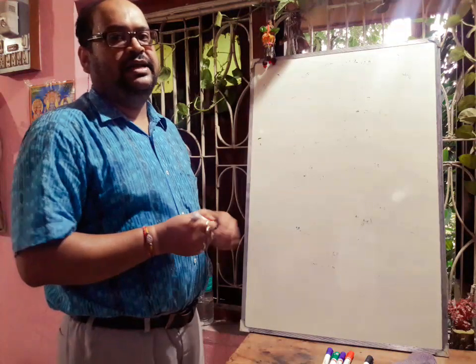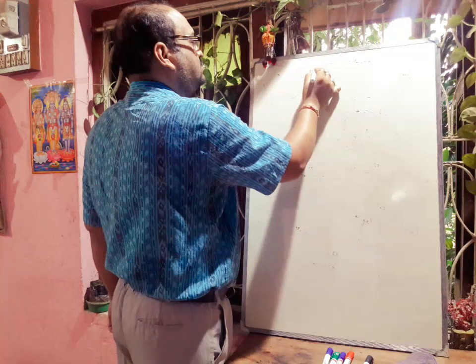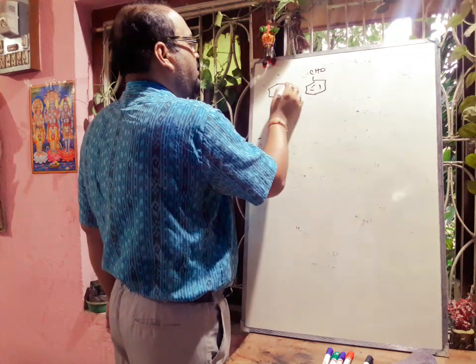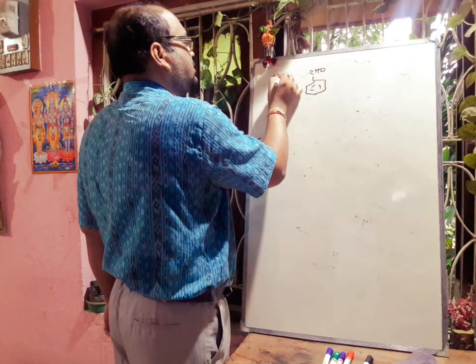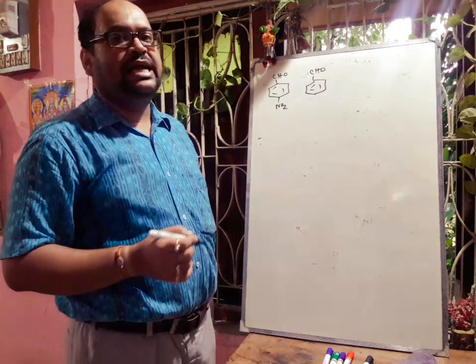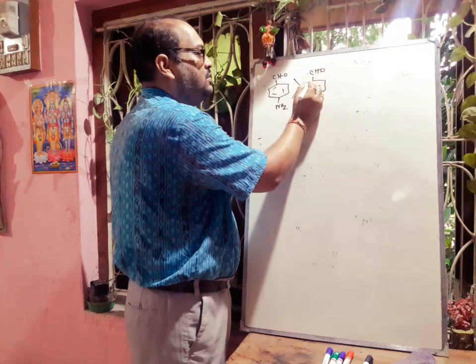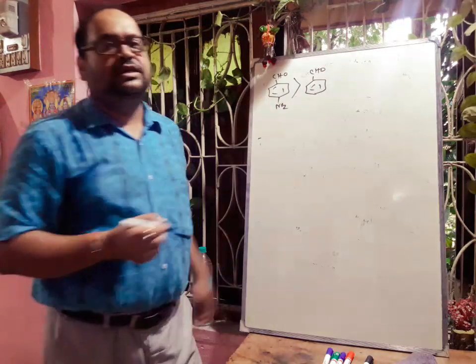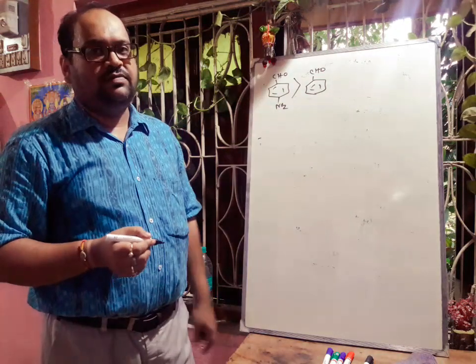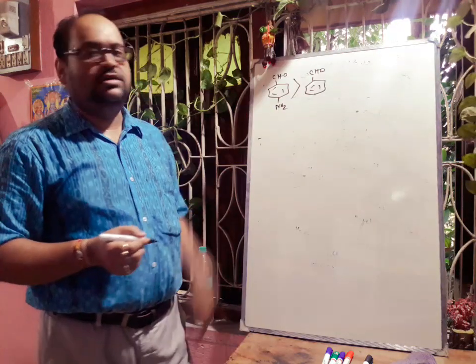Suppose we compare benzaldehyde and para-nitrobenzaldehyde. Definitely, which one has higher reactivity? This one, because the nitro group is an electron withdrawing group, which will increase the reactivity of the carbonyl group.